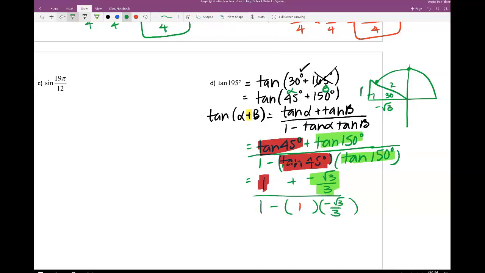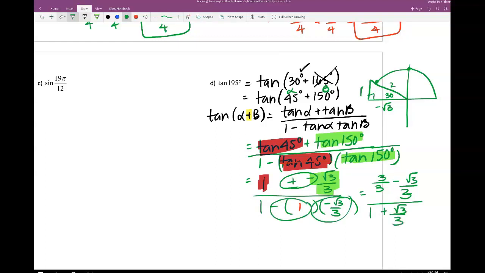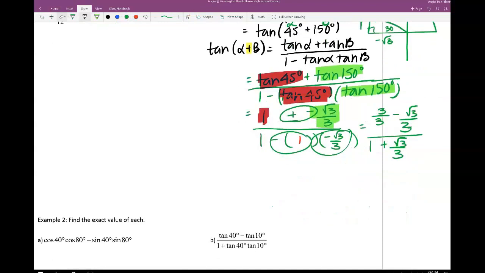And now we just need to simplify. On the top, I need to find the common denominator. So the common denominator will be 3 over 3. A positive and a negative is now a negative. Oops, this is 3, all over 1. Negative 1 times a negative is now a positive, √3 over 3. And I'm going to simplify some more.